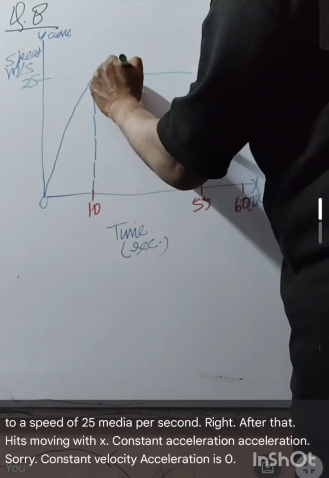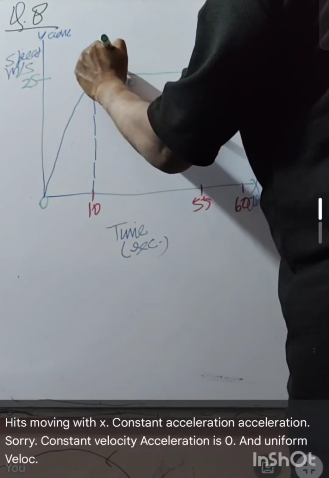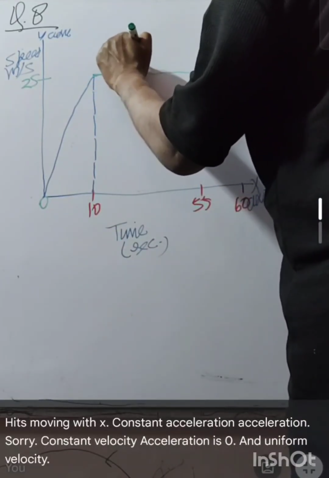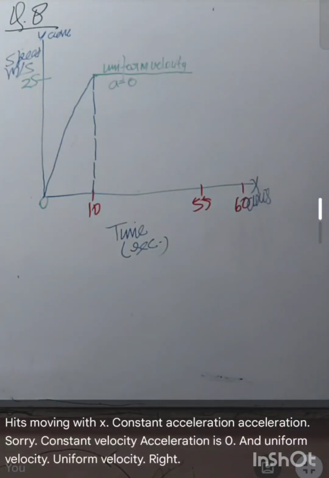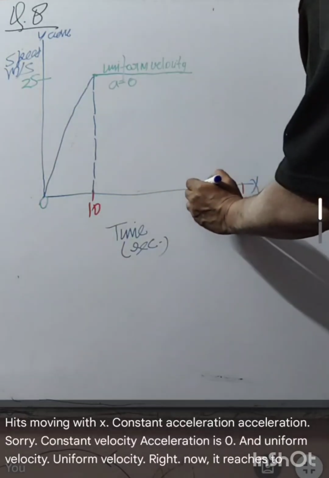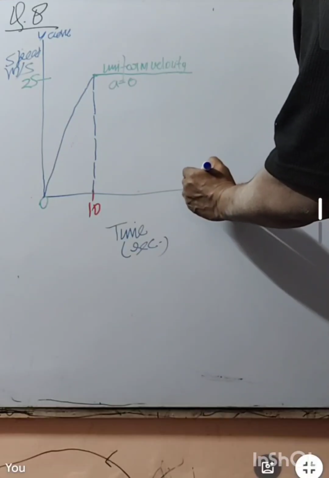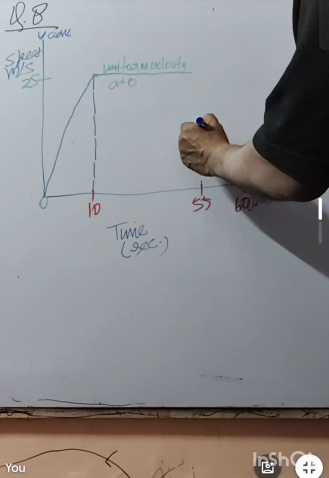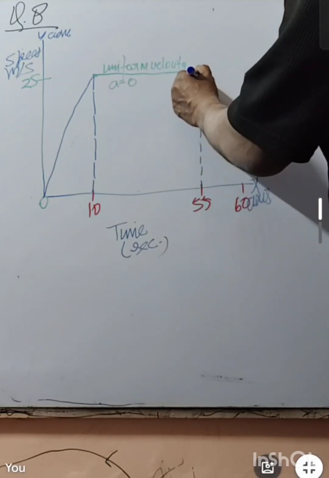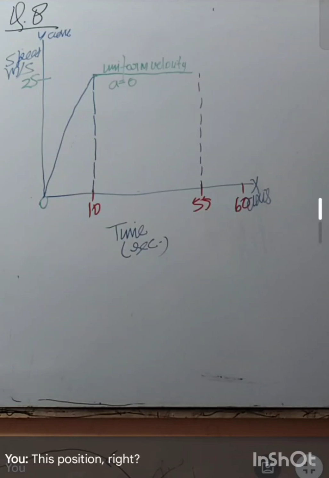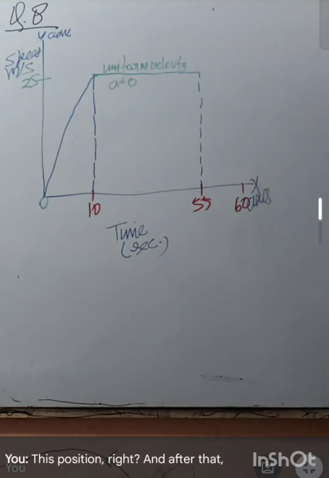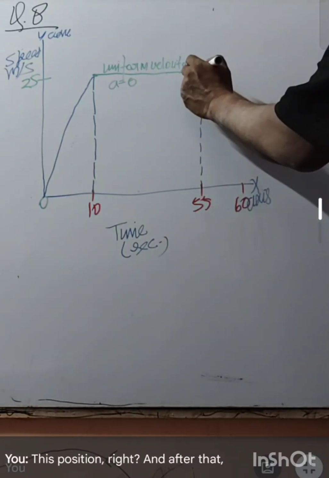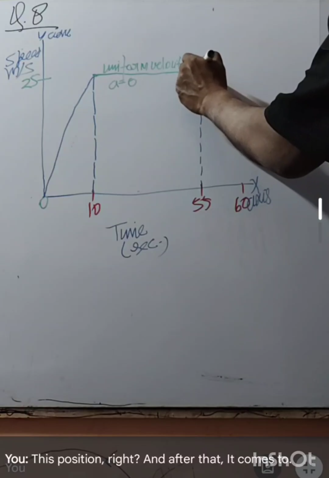Acceleration is 0 and uniform velocity. Now it reaches this position, and after that it comes here.